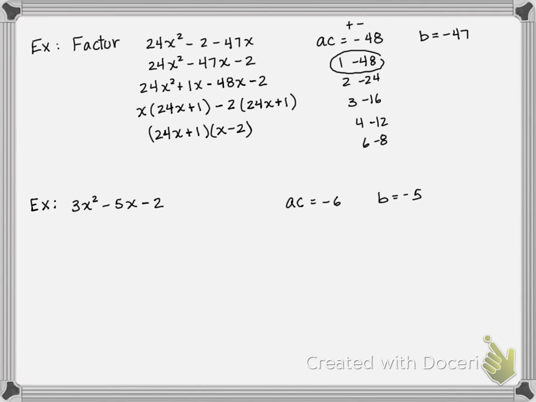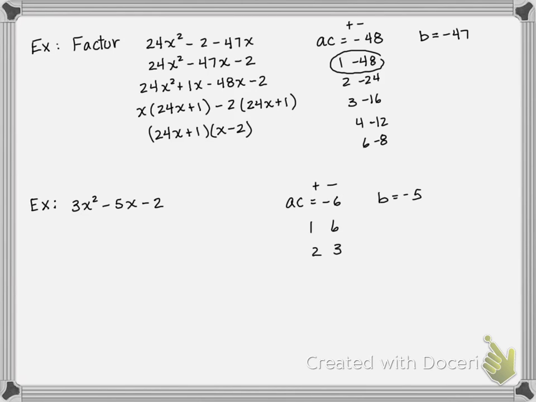So this is another place where we see how important it is to decide on our signs, right? Because you've got 1 and 6 and you've got 2 and 3. Well, if they have the same sign, 2 and 3 would add to 5. But if they have opposite signs, then 1 and 6 add to 5, right? So because they multiply to a negative, I need one of each.